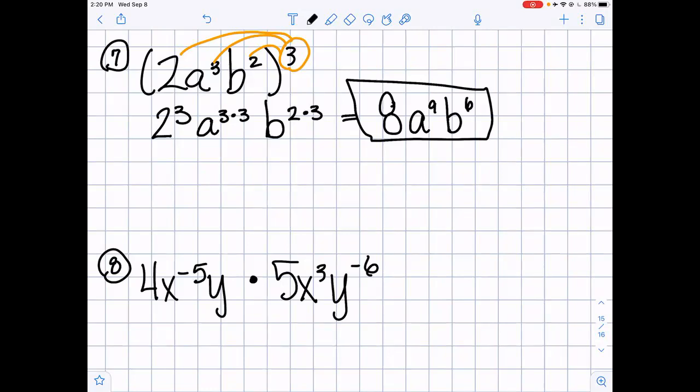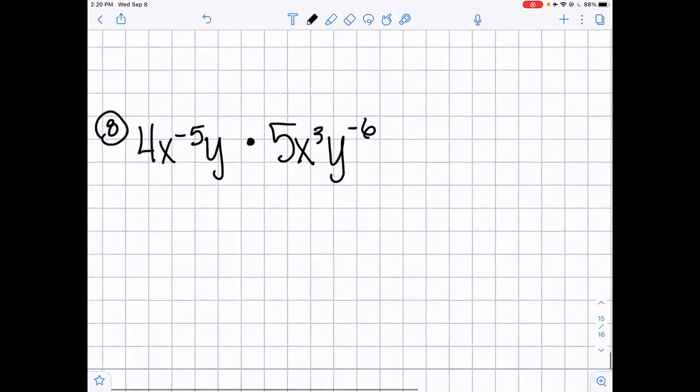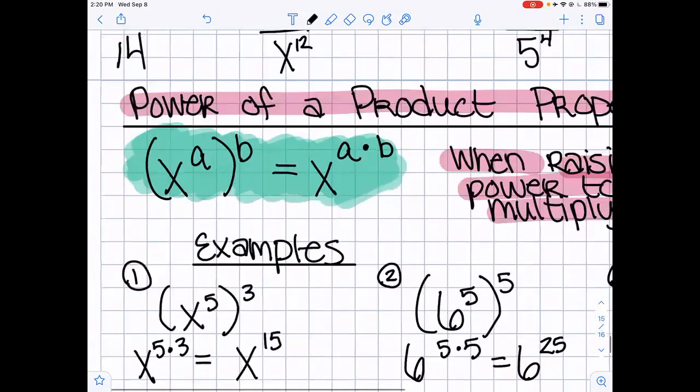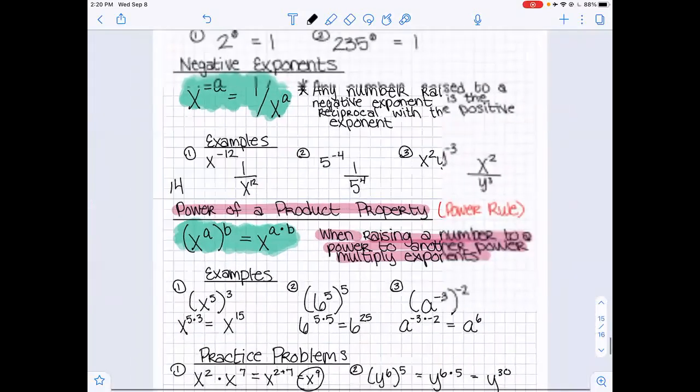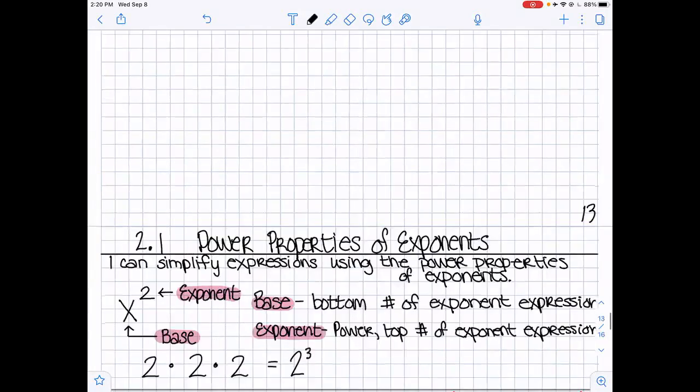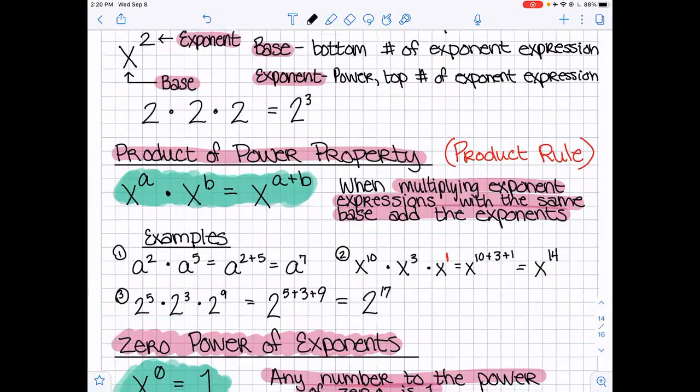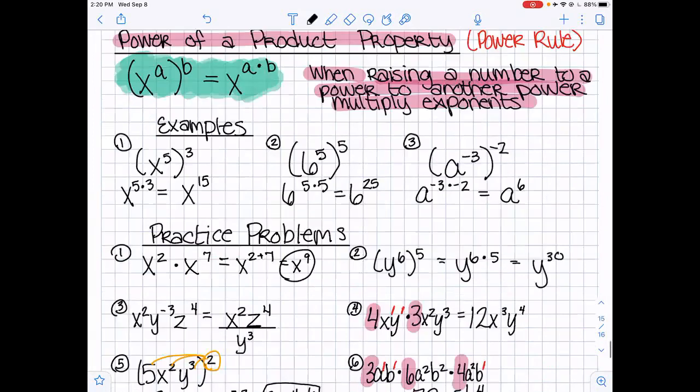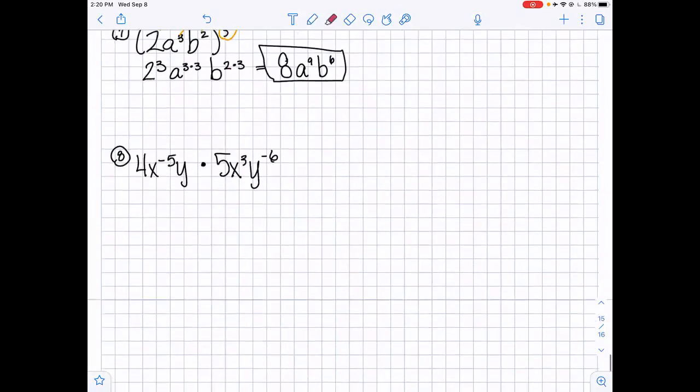Okay, let's try number 8, people. What do you have to do first? 4 times 5. Look at this. We're multiplying this whole expression, right? So that makes it a product rule problem. It is a positive. You are correct. So 4 times 5, 20.